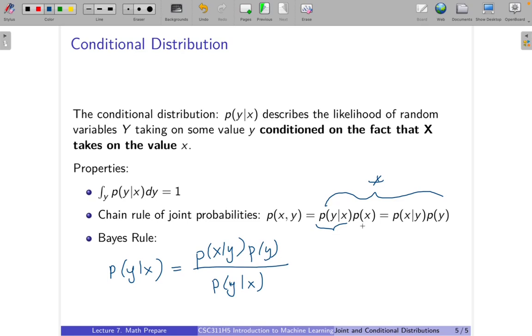So I'm just moving this part down to the denominator. And we are going to be using the Bayes rule a lot in maybe not the coming lecture, but a couple lectures from now.